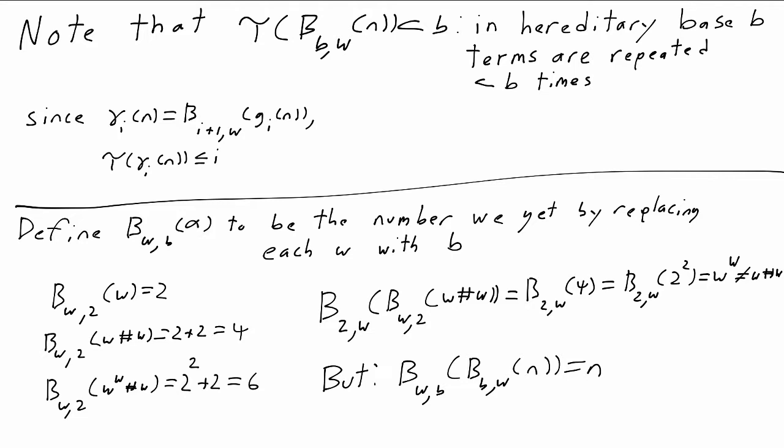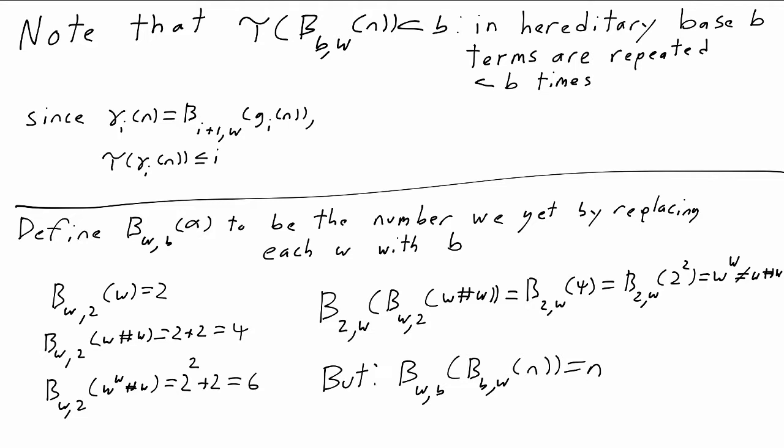But in the other direction, b omega b of alpha might not be in hereditary base b notation. b omega 2 of omega plus omega gives 2 plus 2, which isn't in hereditary base 2, because in hereditary base 2 we would want to combine these two 2's to get a 4.